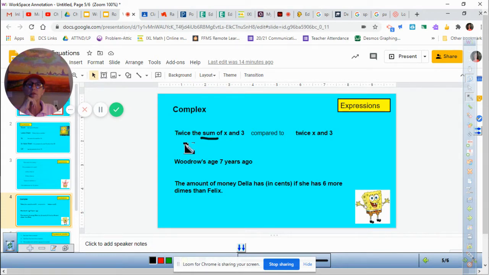It means we multiply 2 by the sum of X and 3. Now compare that to twice X and 3, which means twice X, and 3. So you really want to keep an eye on this sum of, because that should be a clue that you're going to need some parentheses.